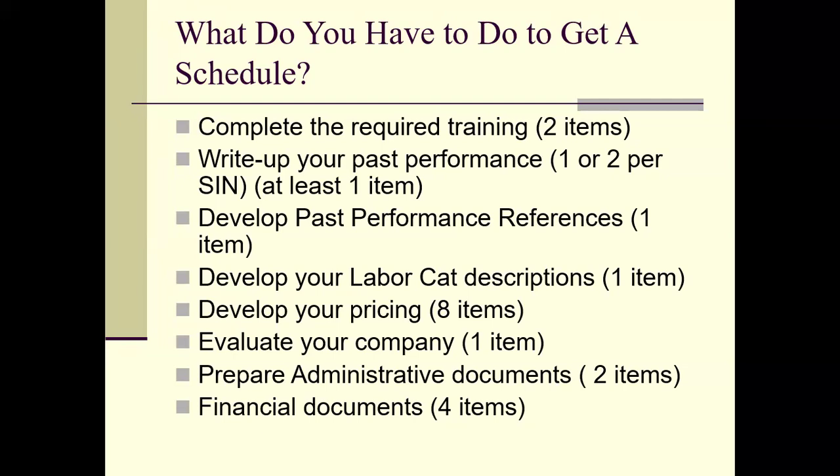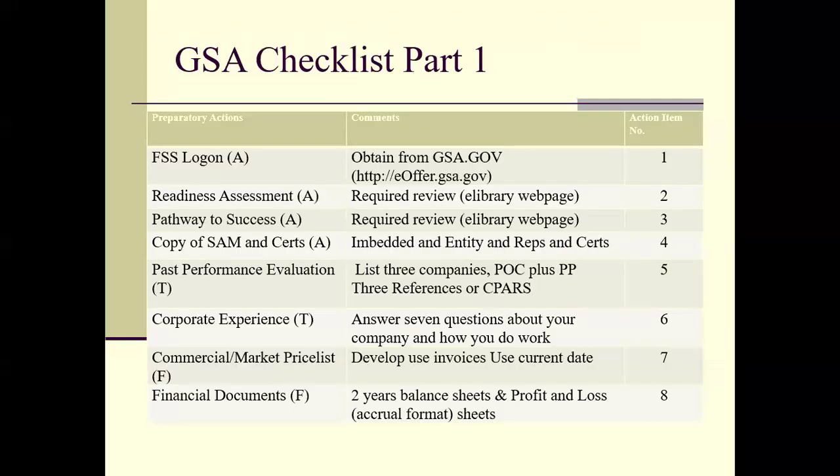If you're a small business, you have to basically say, I don't do a subcontracting plan. So here's a list of the checklists that you need to do. And this is where to get some of that information.